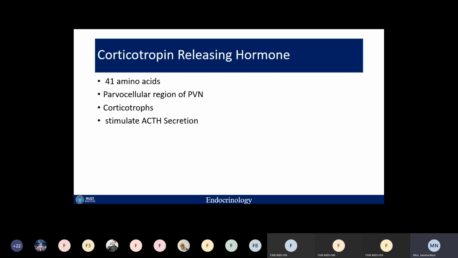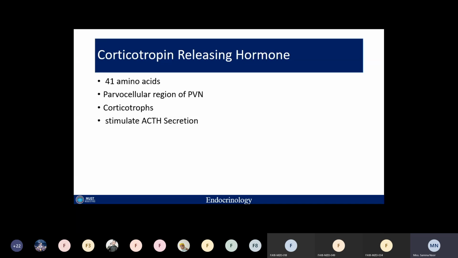So adrenal gland इसके response में different type के steroid hormones secrete करती है, जैसे कि glucocorticoids हैं या फिर mineralocorticoids हैं. Those are secreted in response to the ACTH. So here an axis is also found between the hypothalamus, anterior pituitary, and then the adrenal gland.